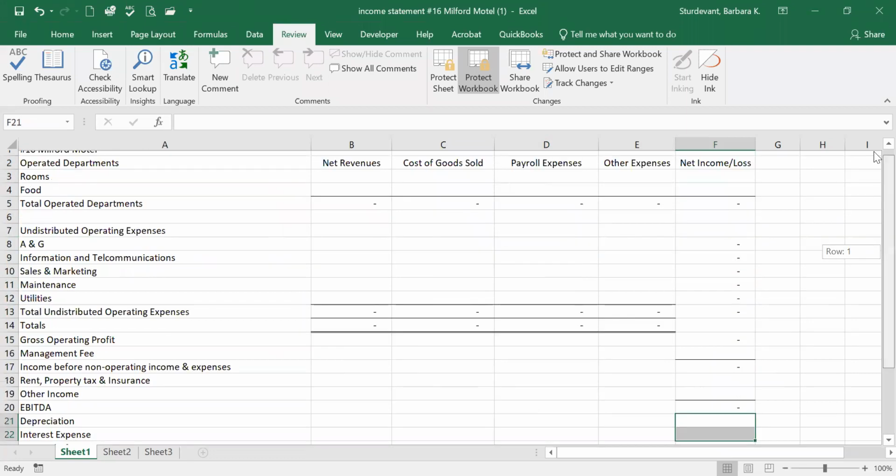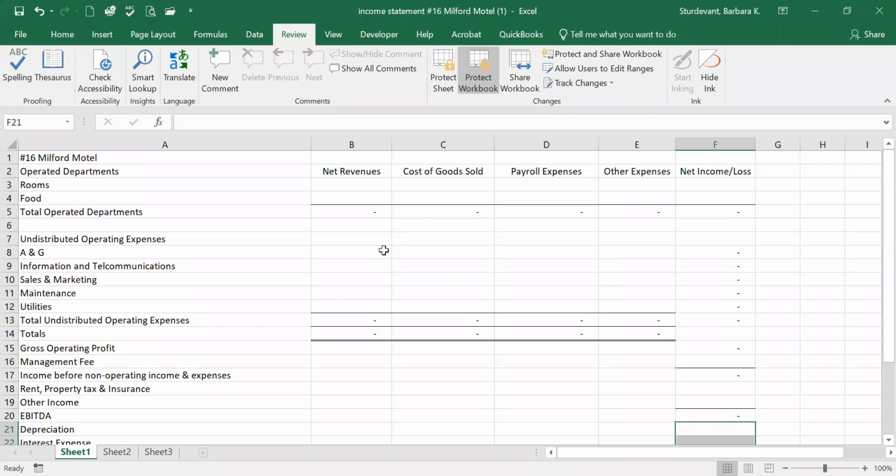Okay. So I'm cheating with my formula, so I don't have to type all this stuff in.